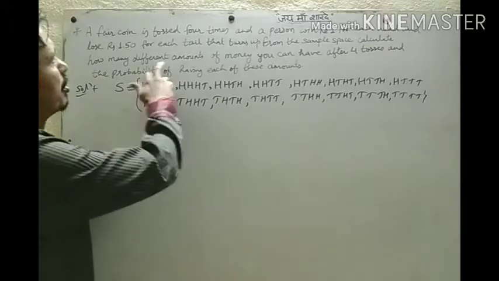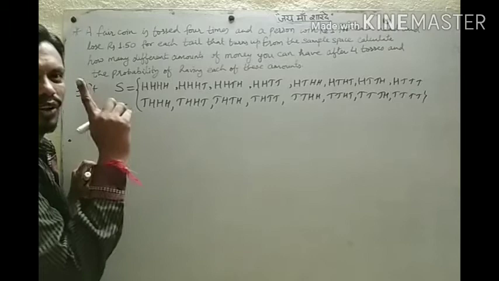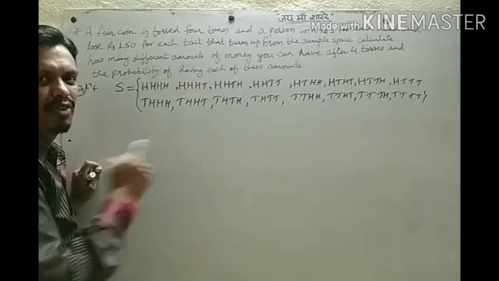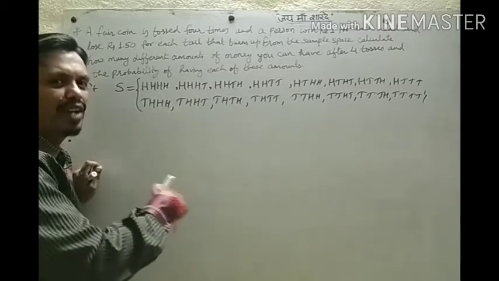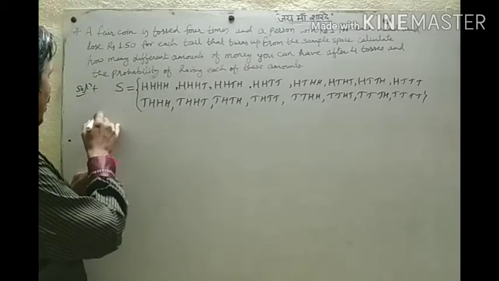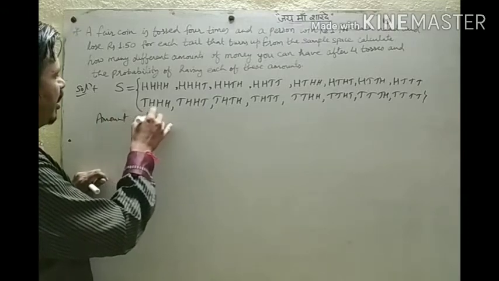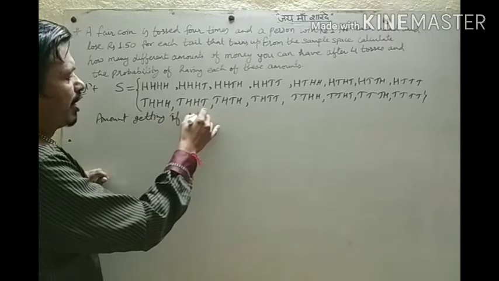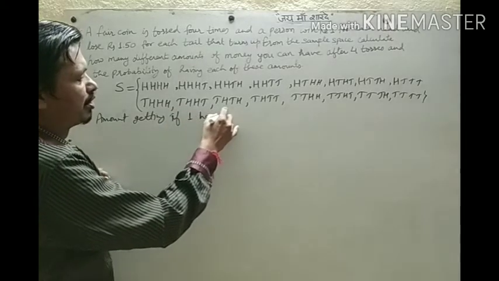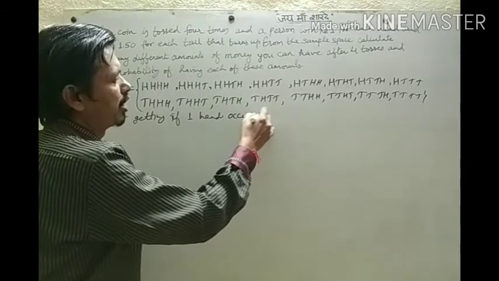So what amounts we can get after 4 tosses? If only 1 head occurs, what will be the amount?